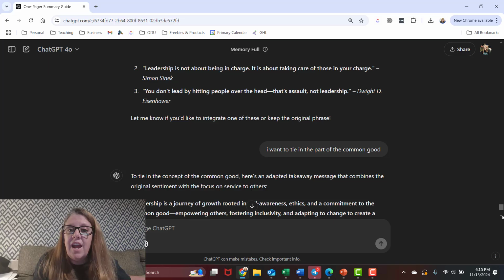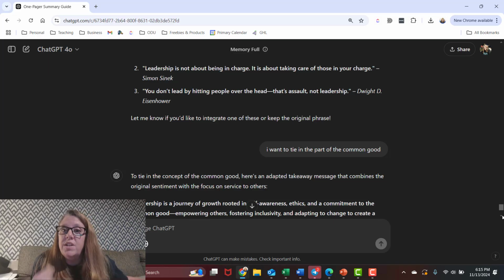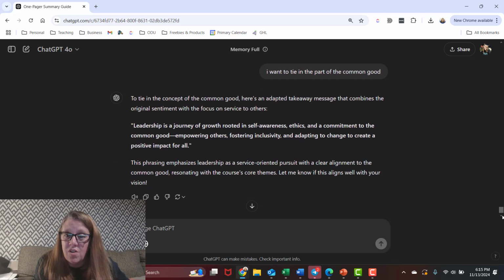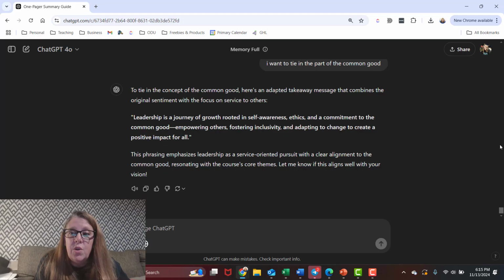And then the course is actually called Leadership and the Common Good. So I put a note, I want to tie in the part of the common good, which I didn't feel was as strong in that closing statement. So here is where it tweaked it for me and talked about the common good in here. So again, this is the information that I was able to get from ChatGPT.